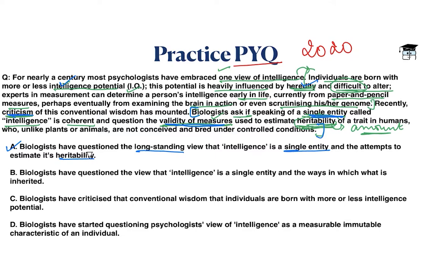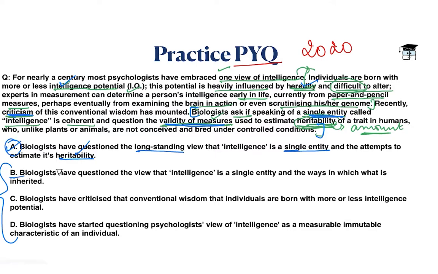In the whole paragraph, if I check out the gist, the summary of the paragraph, the author is talking about a criticism, a new approach that is being introduced in the paragraph, that is talking about the long-standing view of whether intelligence is a single entity or whether the measures that are being taken to estimate heritability are right or not, right? So this statement can clearly identify my summary, but yet again I have to check all the three other options, so I will put this statement on hold.